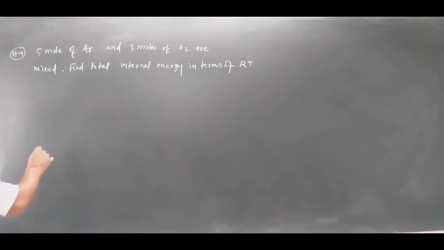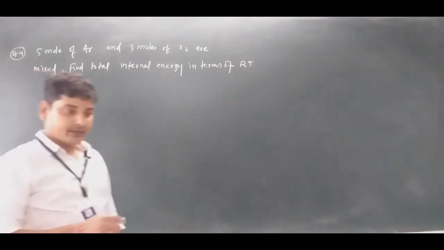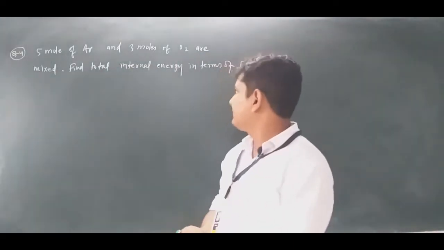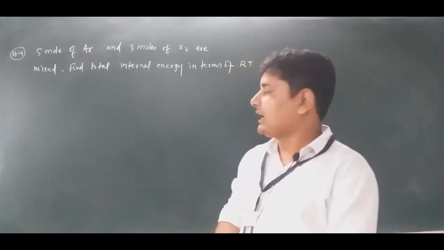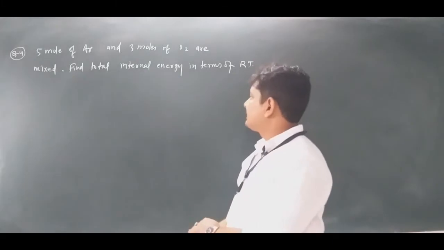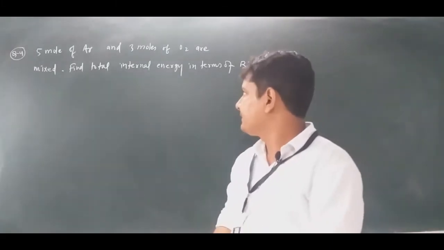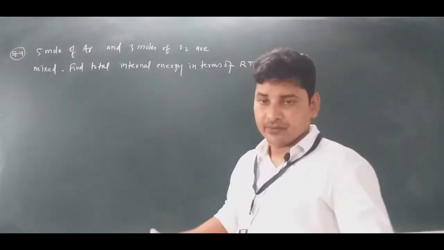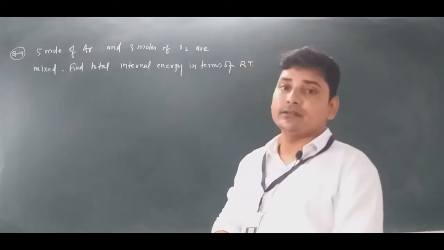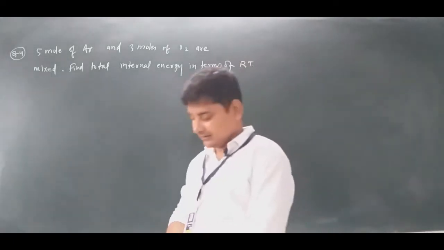See here, the question is, there are 2 different gases. One is argon and the second is oxygen. Different moles of them are given and they are mixed. Then they are asking the total internal energy in terms of RT.